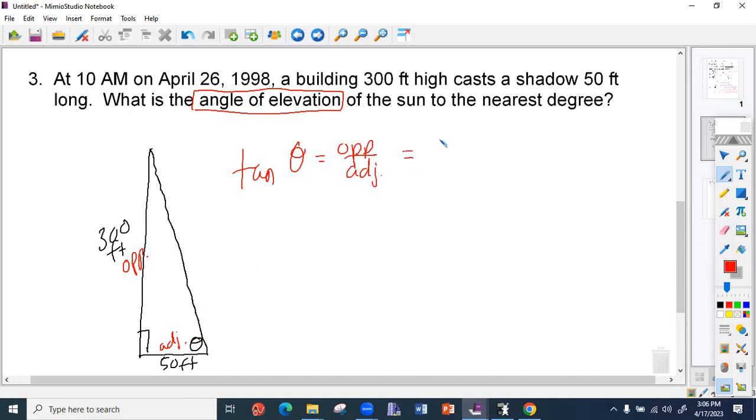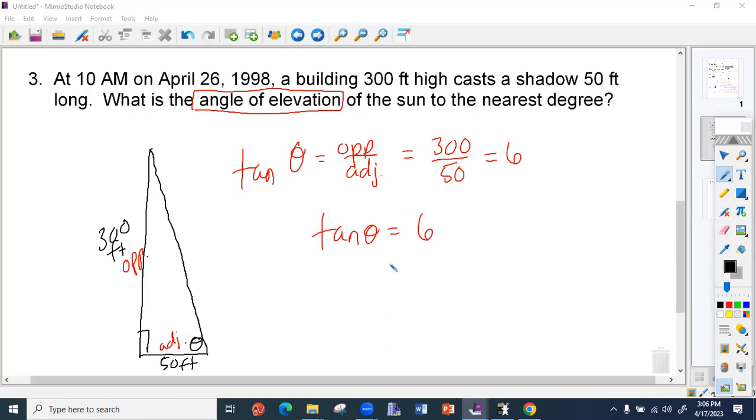For this problem, my opposite is 300 and my adjacent is 50, which equals 6. Do we agree? So we know that tan theta equals 6. We've talked about before, when you're looking for an angle instead of a side, what are you using?